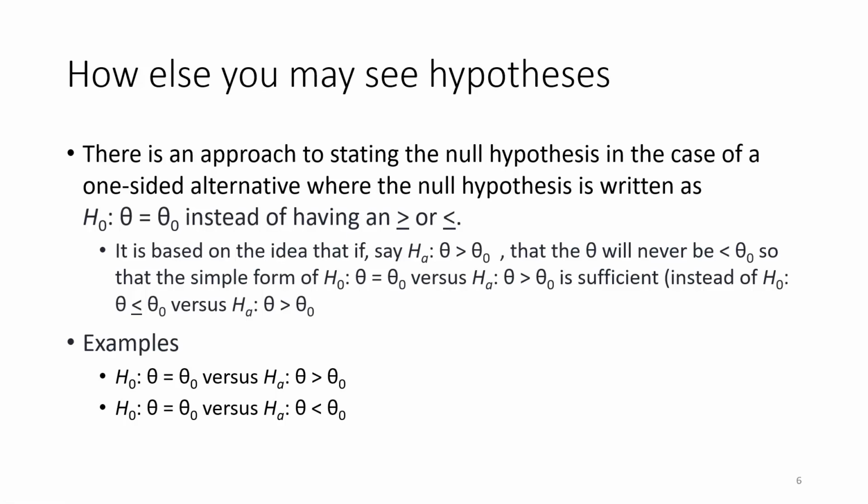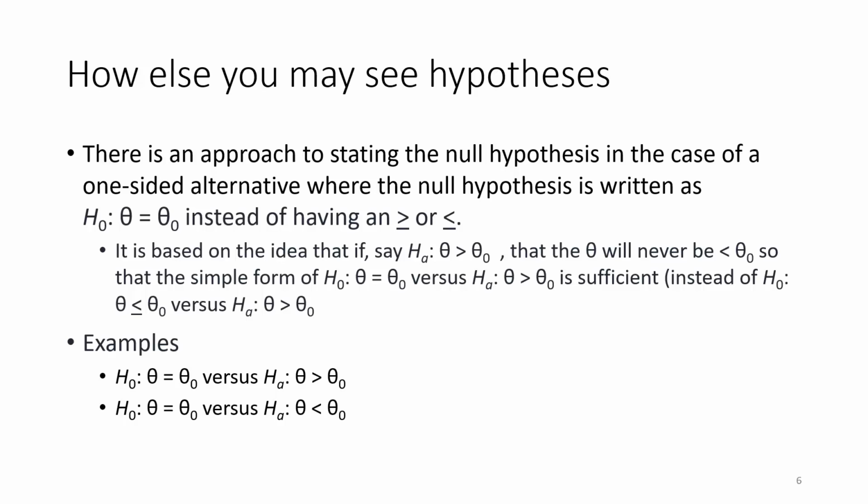Now there is an approach that you'll see if you start Googling around and looking at hypotheses. You will see an approach that has the null as always being what's called a simple hypothesis, which is an equal to instead of a greater than or less than. You'll find about half the stat books are like this. My habits are such that I'm used to doing the simple null as well.